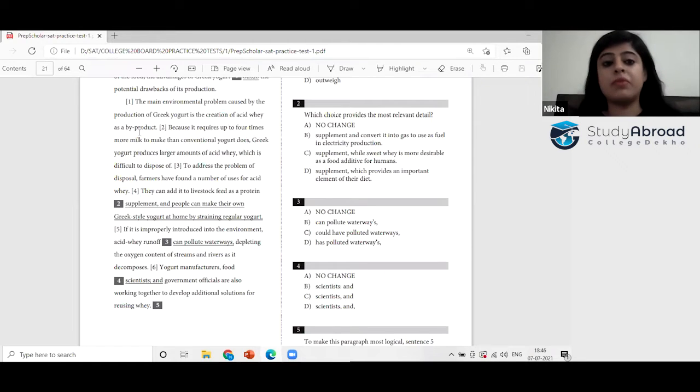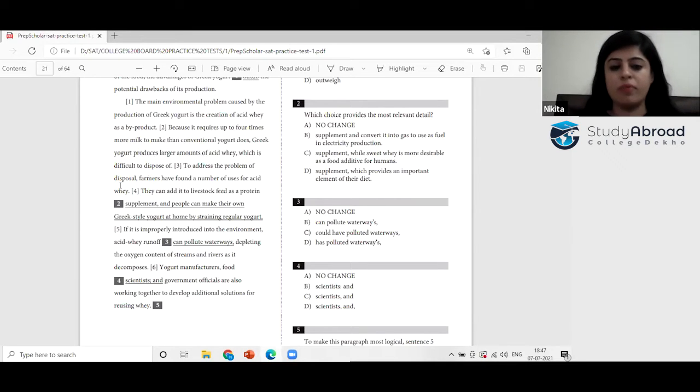Because it requires up to 4 times more milk to make than conventional yogurt does, Greek yogurt produces larger amounts of acid whey, which is difficult to dispose of. In the second sentence of this paragraph, they say that it is making larger amounts of acid whey, which is getting difficult to dispose of. So now we are getting closer to the exact problem that is associated with the production of Greek yogurt.